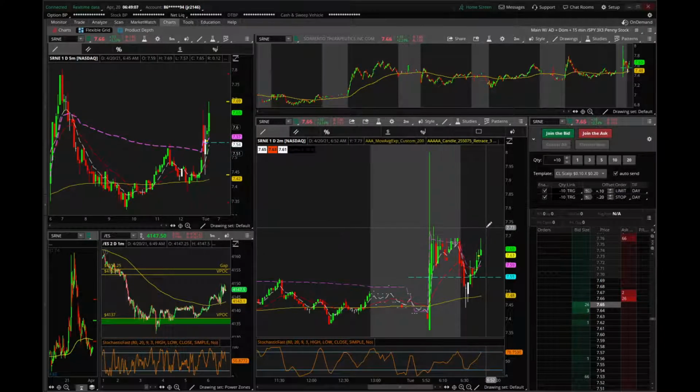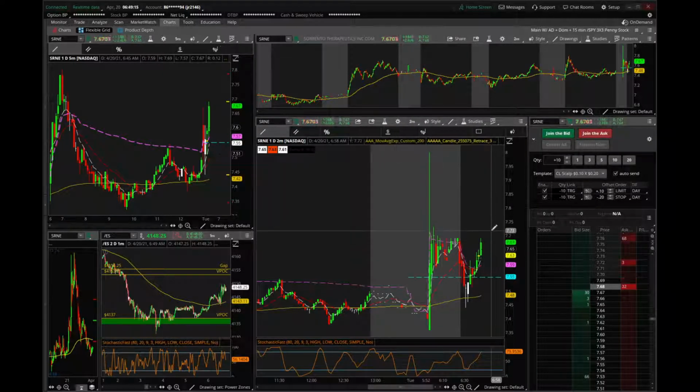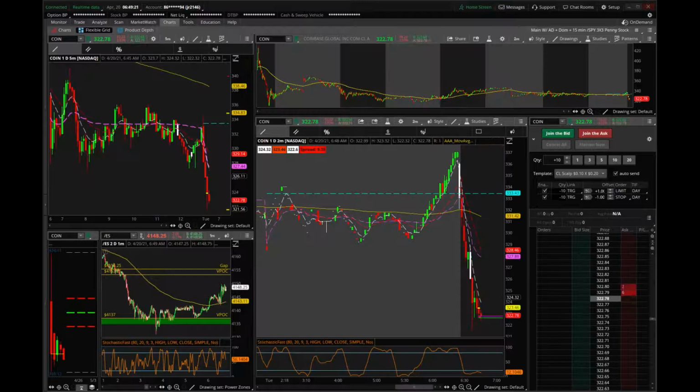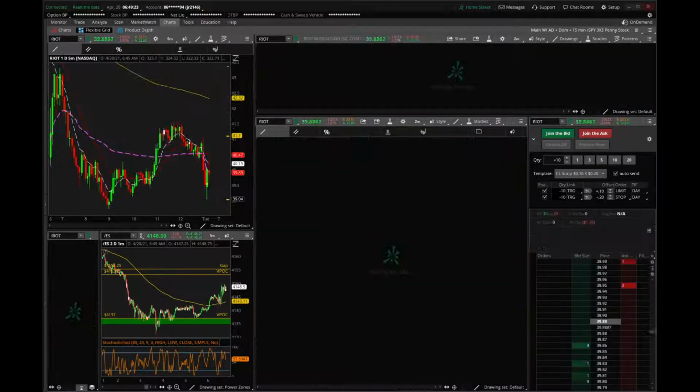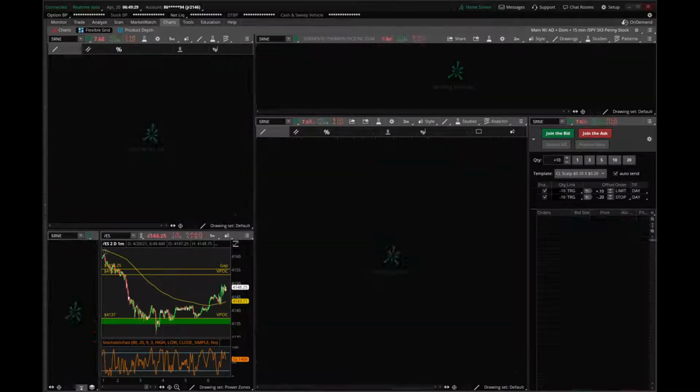Here we go. Okay, maybe up above the 75 might get it running, right? Because of the pre-market spike. We'll see. Nothing here.